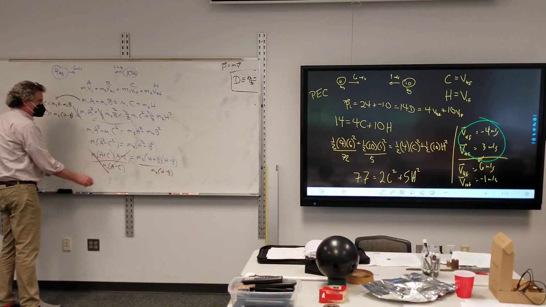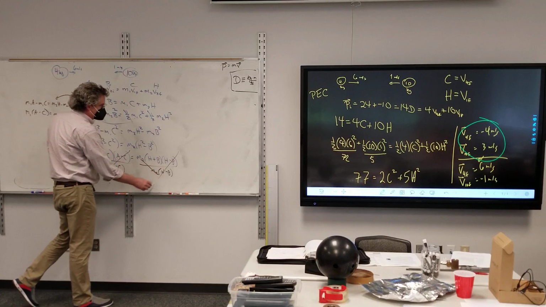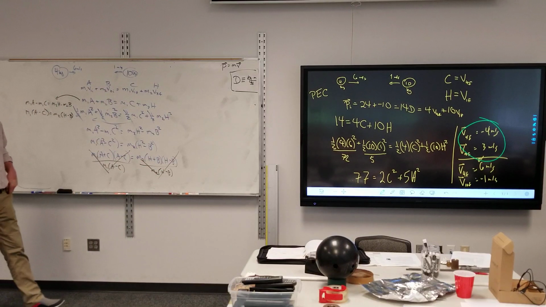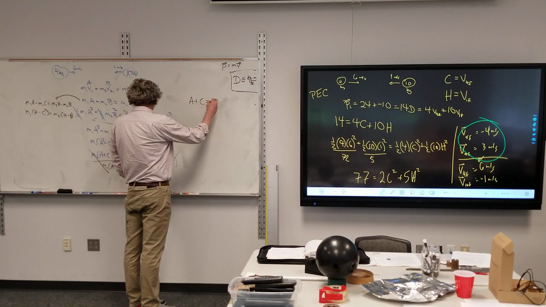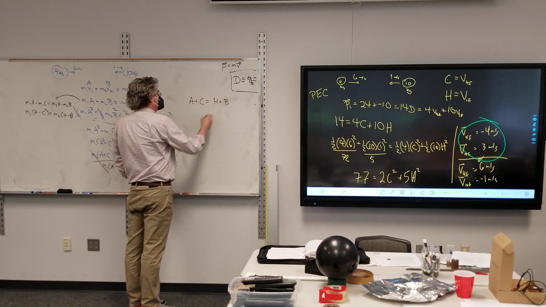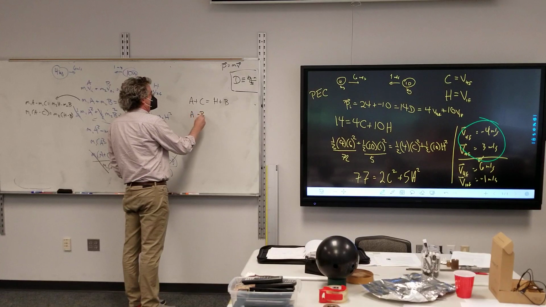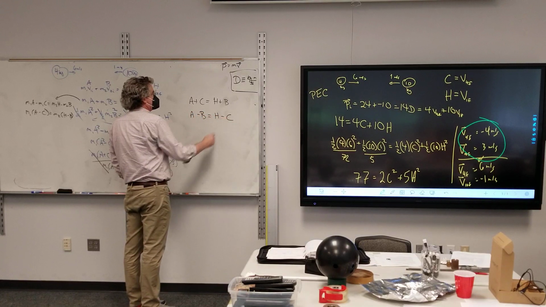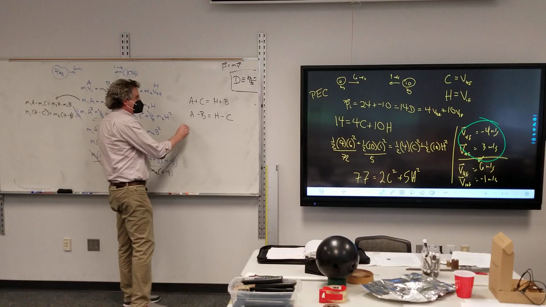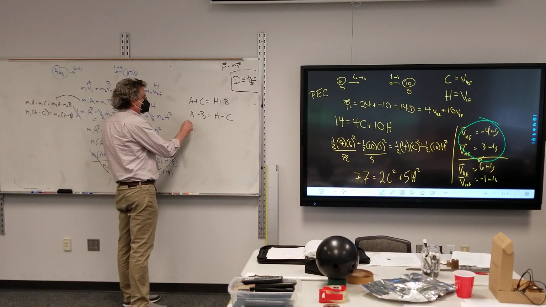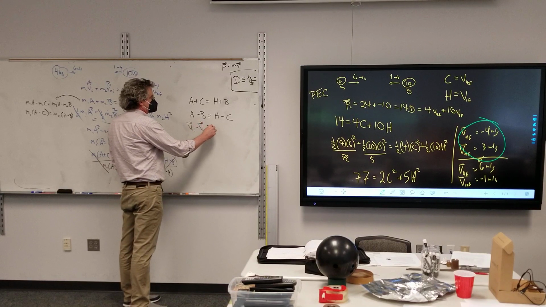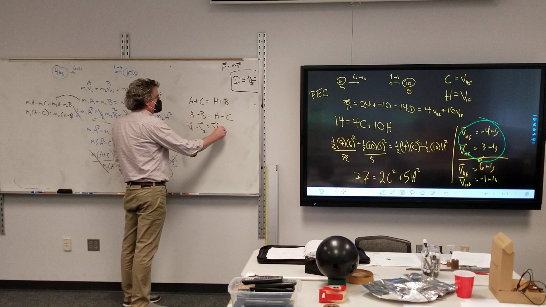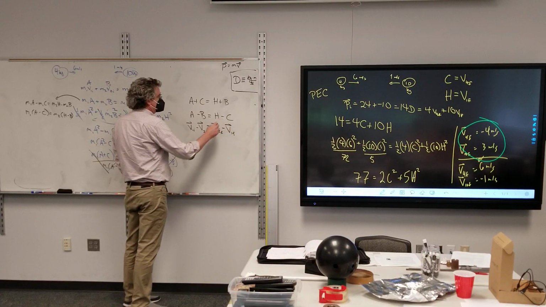M1s cancel, A minus C cancels, M2 cancels, H minus B cancels. What I'm left with by combining these two equations is A plus C is equal to H plus B, or A minus B is equal to H minus C, or V1 initial minus V2 initial is equal to V2 final minus V1 final.